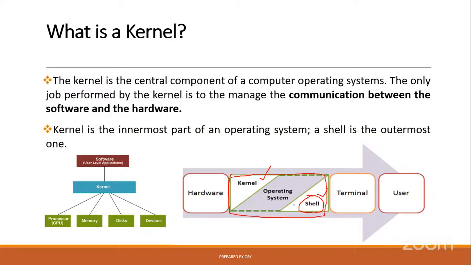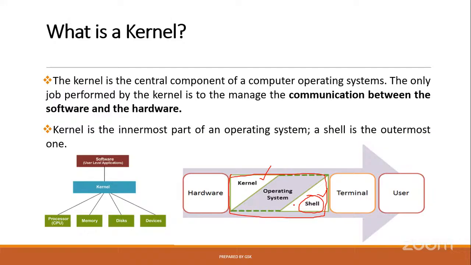Then how is the communication established between our software and that hardware component? This is the place where the kernel has to do some work. Kernel is responsible for making the communication between your software and that hardware component. That is the important work of the kernel.